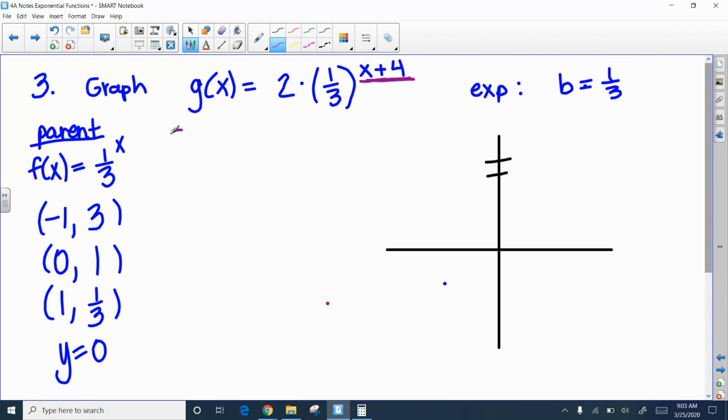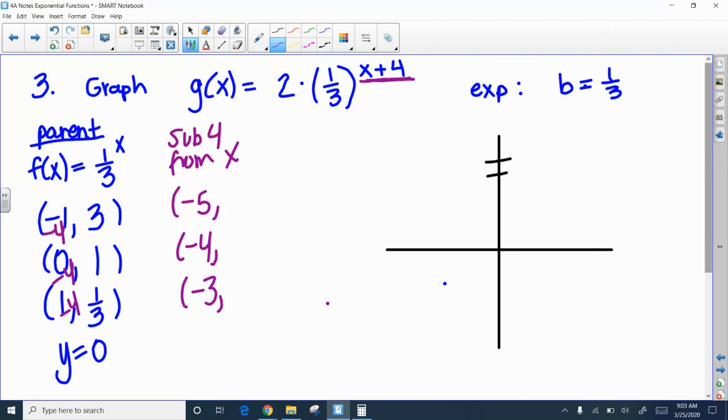So I would subtract 4 from all the x values. I don't have to subtract 4 from the asymptote because that is y equals. All right, so my new x values would be -5, -4, and -3. And so far, my y values are just 3, 1, and 1/3. I haven't changed those yet.